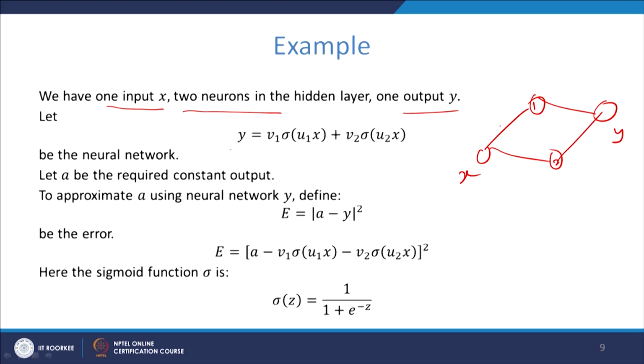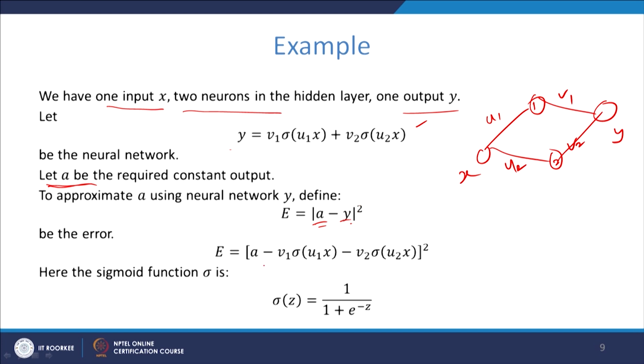We have the weights here u1 and u2, and v1 and v2. So, v1 into sigma of u1 x plus v2 into sigma of u2 x is the calculation of the neural network. And if we want to approximate a constant a using a neural network, the error is the constant minus the neural network output y, squared.